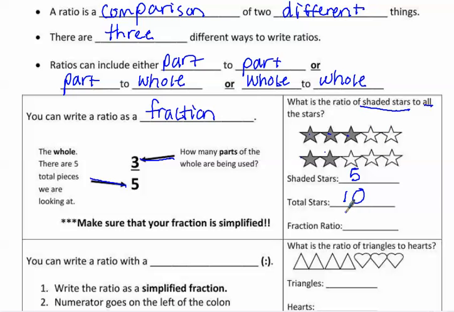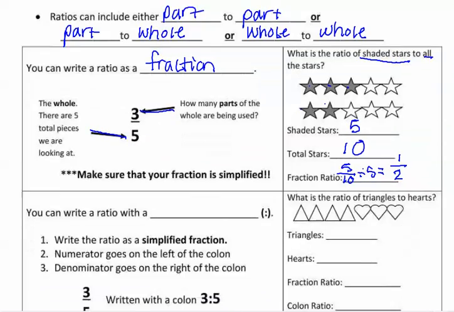So the fraction ratio of shaded to all is 5/10. This can be reduced by 5. 5 divided by 5 is 1. 10 divided by 5 is 2. So your simplified ratio of shaded to all stars is 1:2.